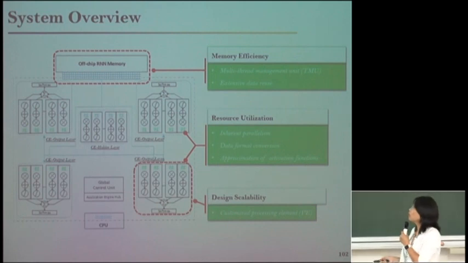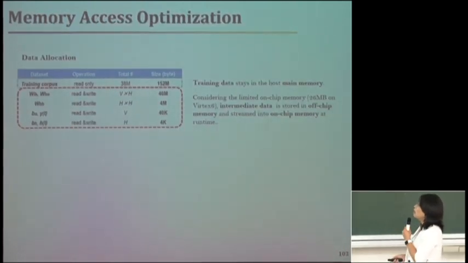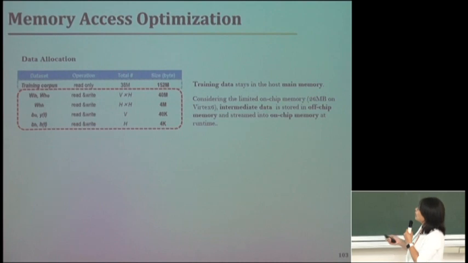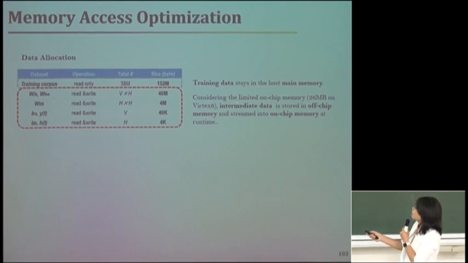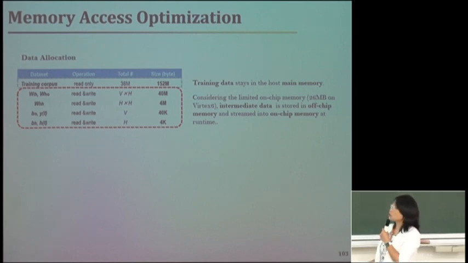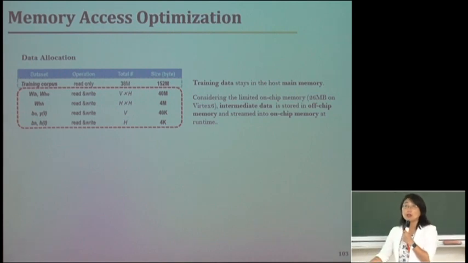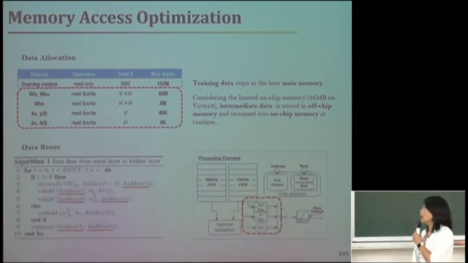I will now talk in more detail about this. For memory access optimization, the training data itself is pretty large, so it has to stay in the host memory. But for the intermediate data, we store it on off-chip memories and stream it into on-chip memories. So it is basically related to the data requirement over time.